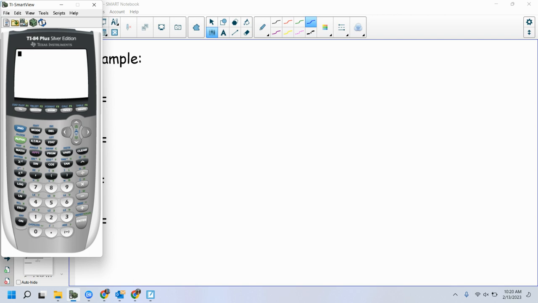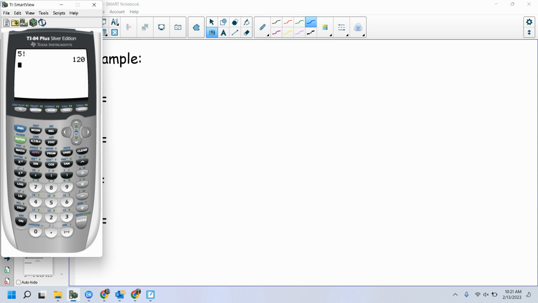Yeah, there's the PRB button, and then you have nPr, nCr, and then a factorial symbol. But honestly, you could just figure it out the long way too, right? Especially if it's just something like 5 factorial. To get into it in your TI-83s, you just type the number 5, and then press the math button, scroll right to probability, PRB, and then you have nPr, nCr, and then the factorial symbol.